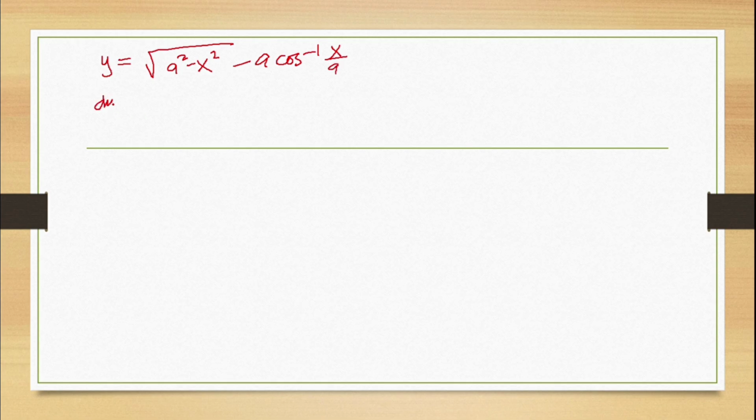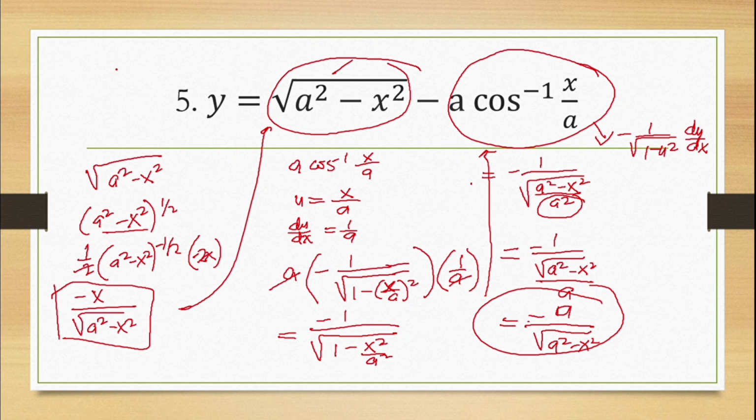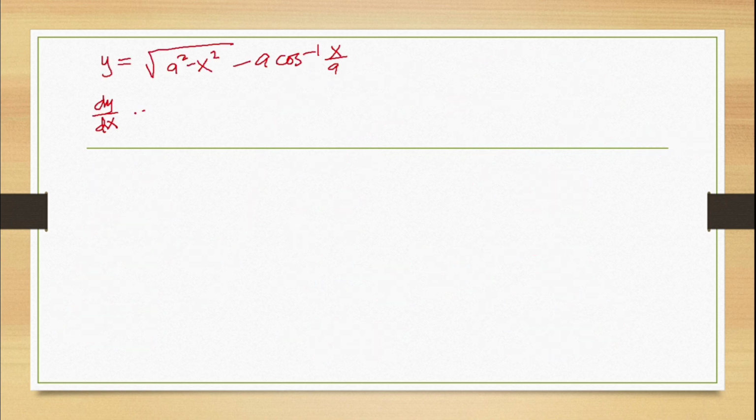So therefore dy over dx, the result of this one is negative, okay, so we're just going to copy.